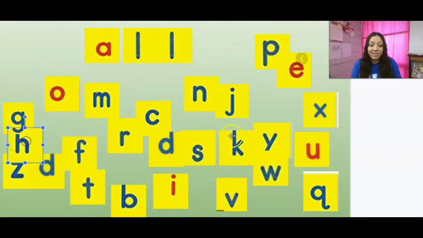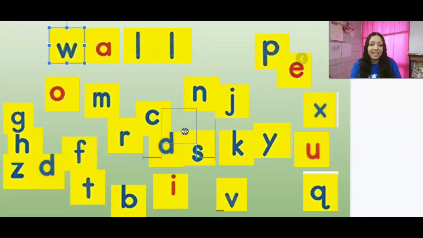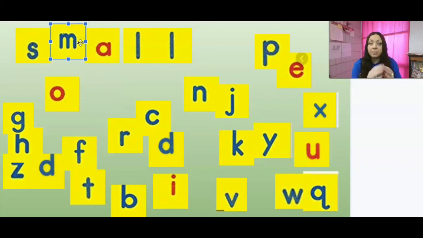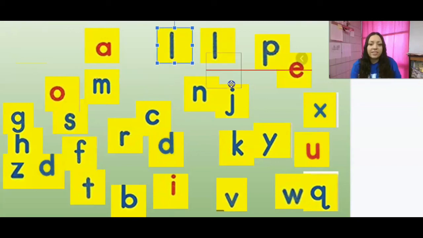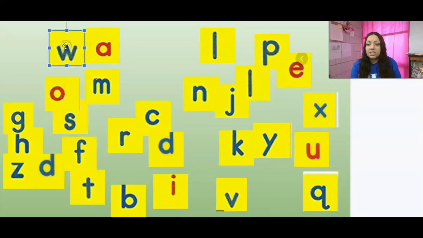Good job. What if I change it to a W? Wall. Very good. And then we're going to put some blends in front of it too. What if I put that S in that sm blend in front of it? Small. Good job.